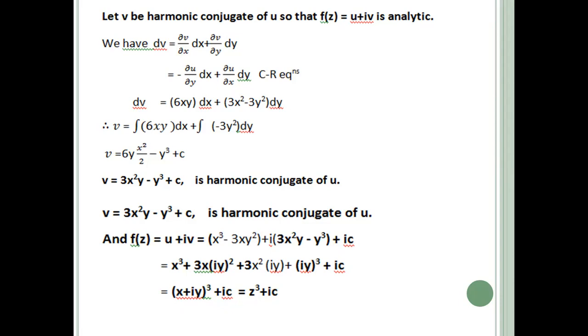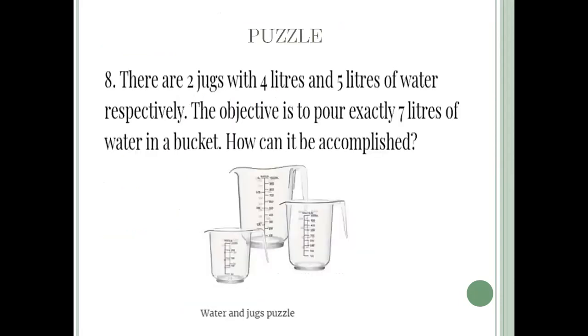I think this is sufficient. And before going to conclude the lecture, I'll give you one puzzle. There are 2 measures with 4 liters and 5 liters and 1 bucket of 7 liters.